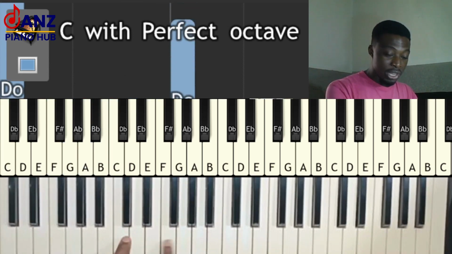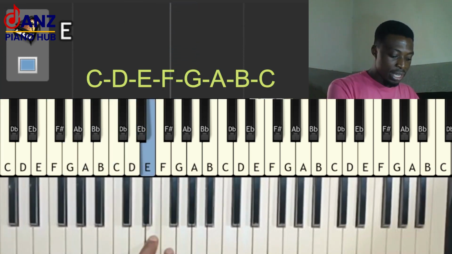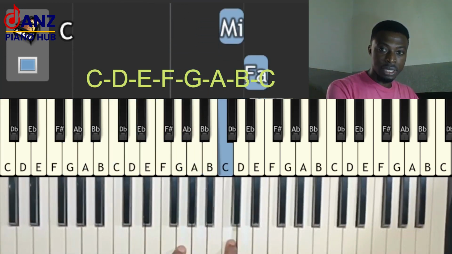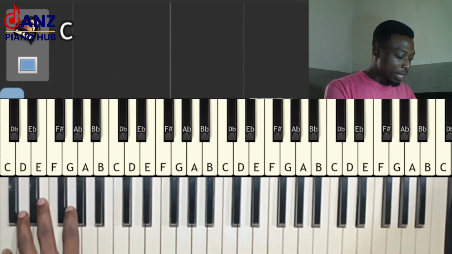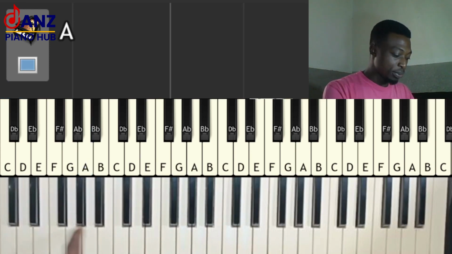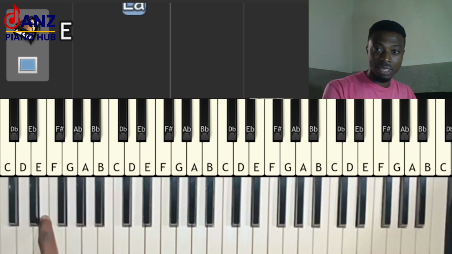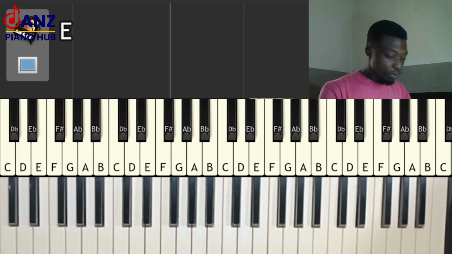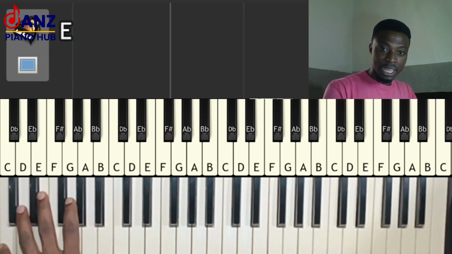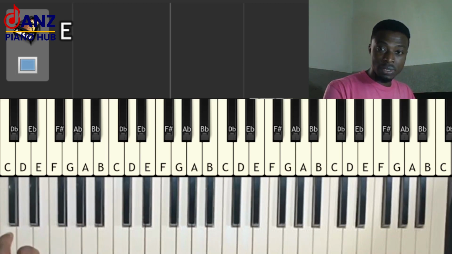If you go again, it's the same thing: C, D, E, F, G, A, B, C. My keyboard starts from C. There are some keyboards that start from A, and some that start from E. Those are longer keyboards, 7-octave, 8-octave, 9-octave keyboards. This particular keyboard I'm using begins with C.